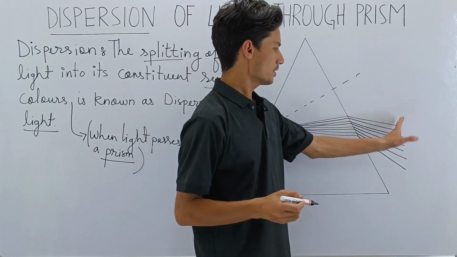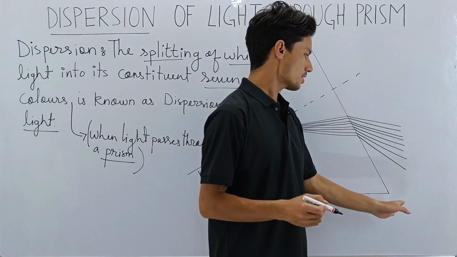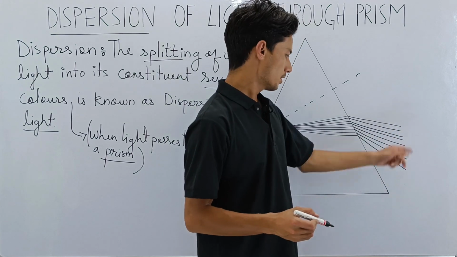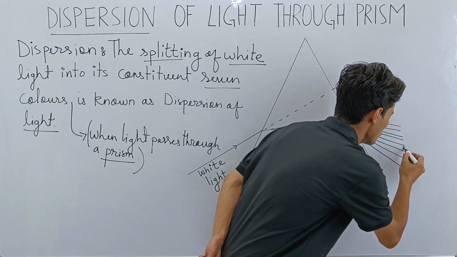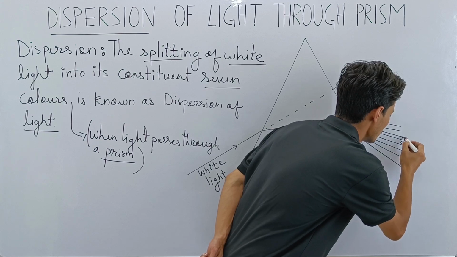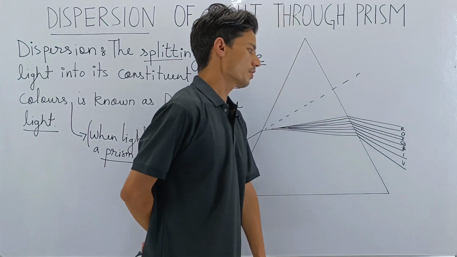So this is the emergent ray, and this will be violet, indigo, blue, green, yellow, orange, red. So this is your spectrum.